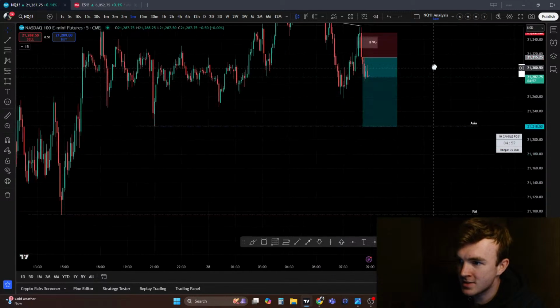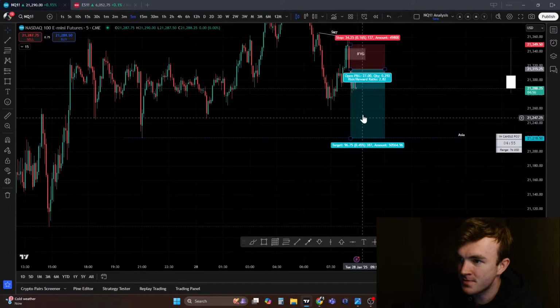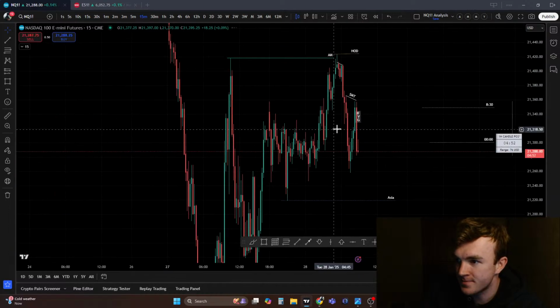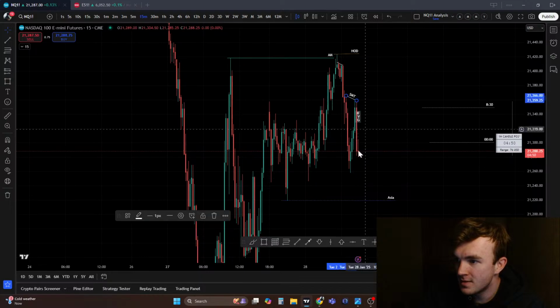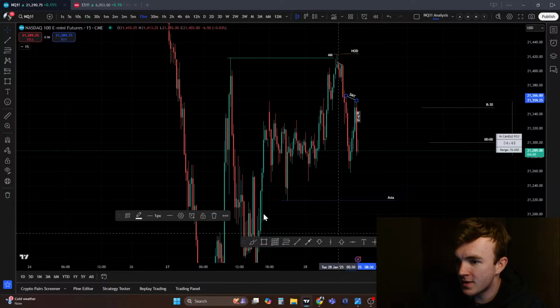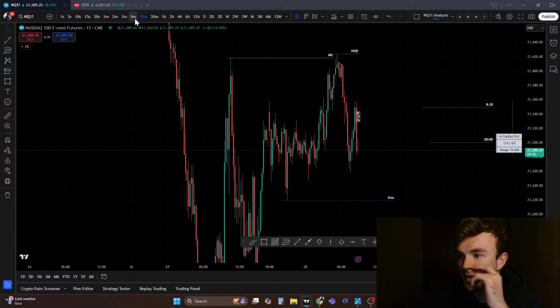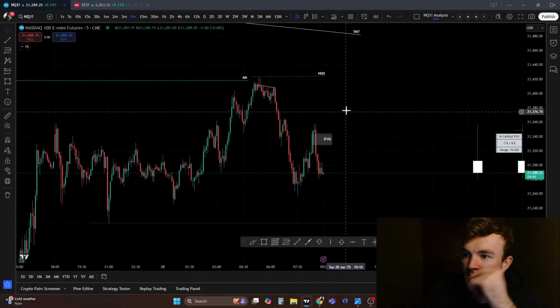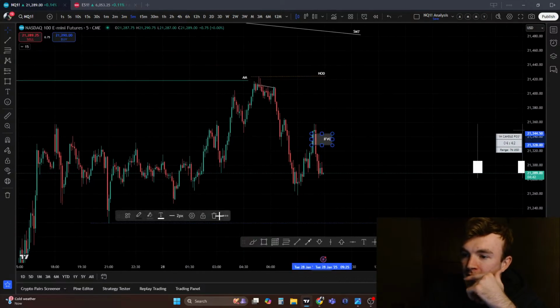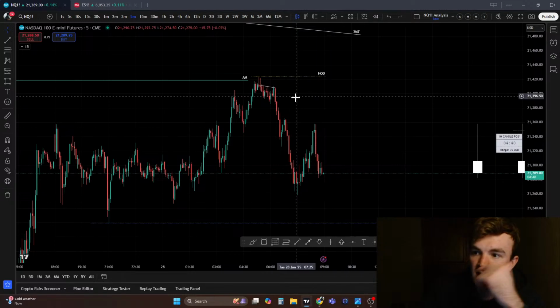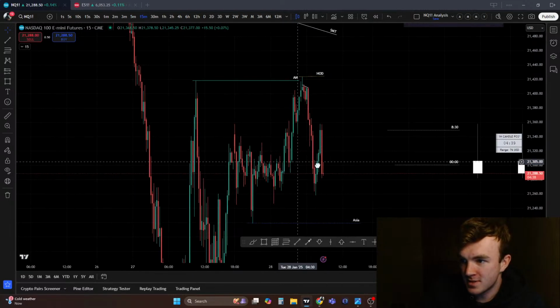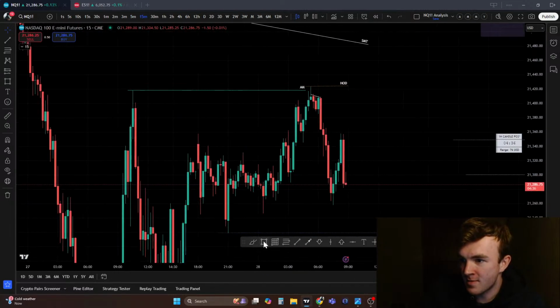But we might just go straight down. And think about this. What if we got this 5-minute inversion, but what if we need to come up and sweep this high again, even if it's just this high, and we need to sweep it into this, because this is a nice breaker and for value gap right here, right?